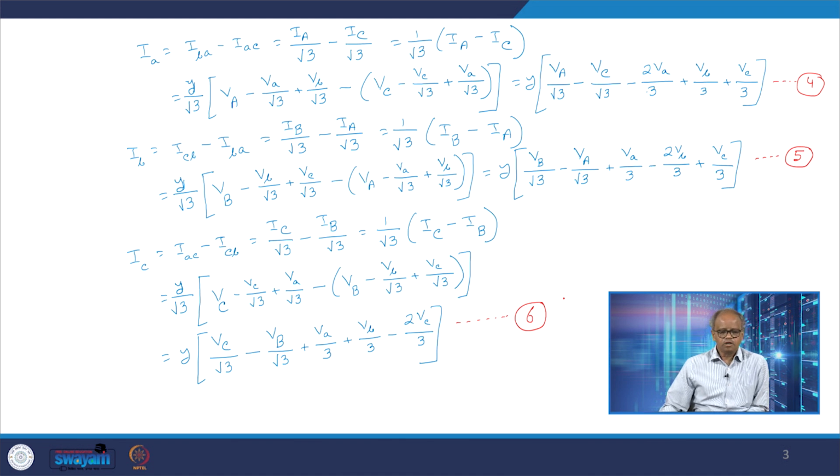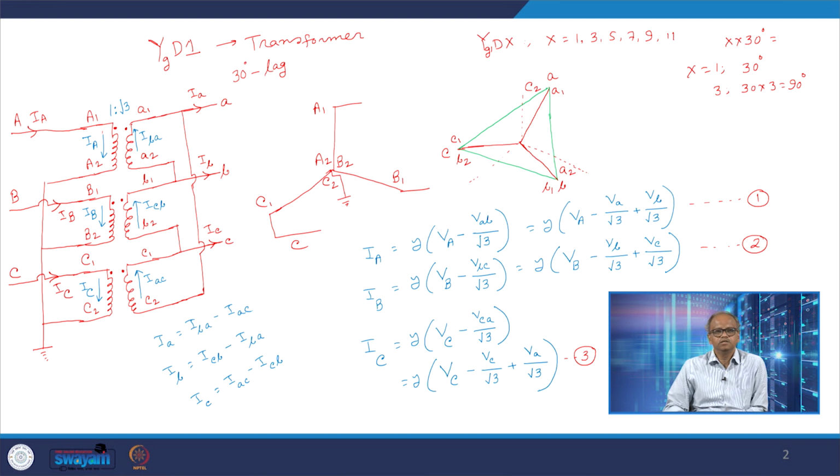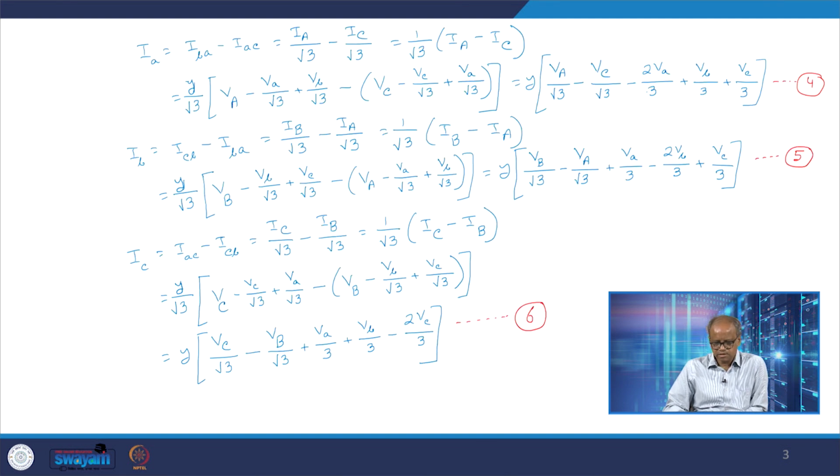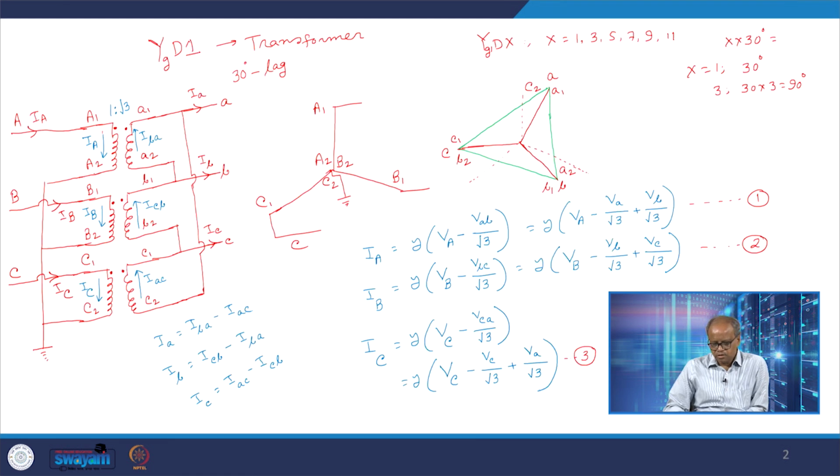So we have got 6 currents, 6 primary currents given by equations 1, 2, 3, and 6 secondary currents given by equations 4, 5, 6. And all these currents have been represented in terms of these 6 voltages: V capital A, V capital B, V capital C, and V small a, V small b, and V small c.